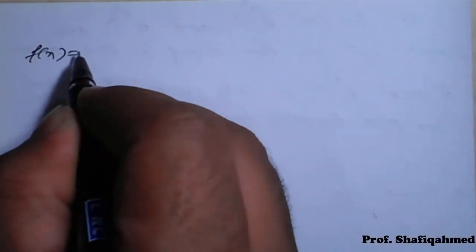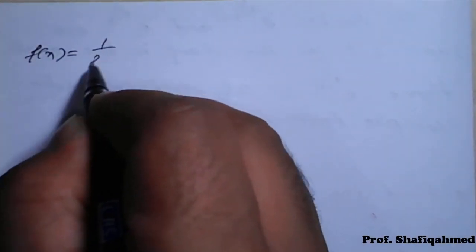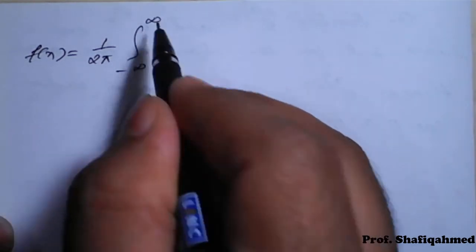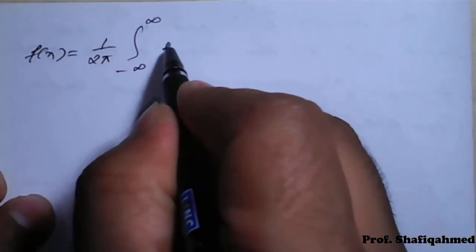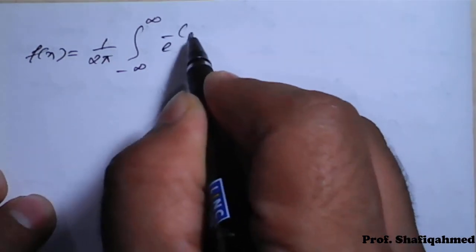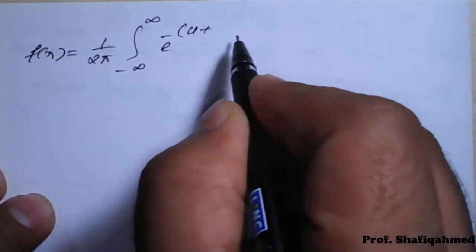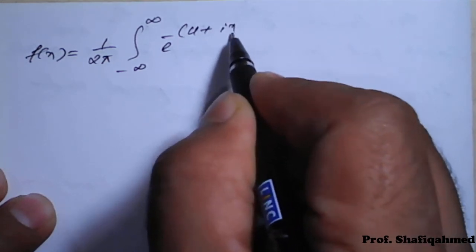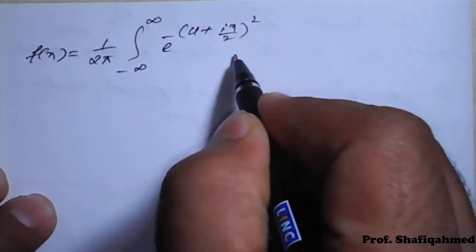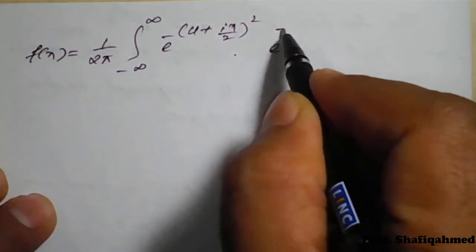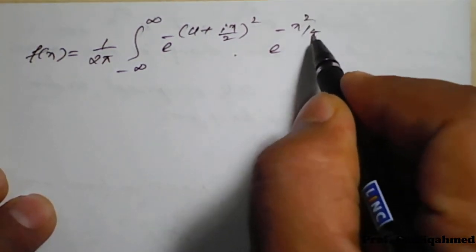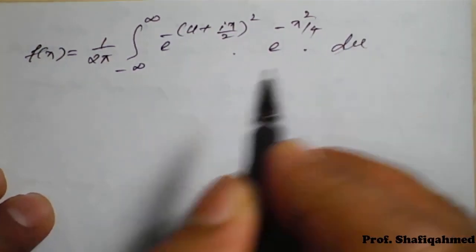f of x is equal to 1 upon 2 pi integration minus infinity to plus infinity e raised to minus of u plus ix upon 2 whole square into e raised to plus into minus is minus x square upon 4 into du.